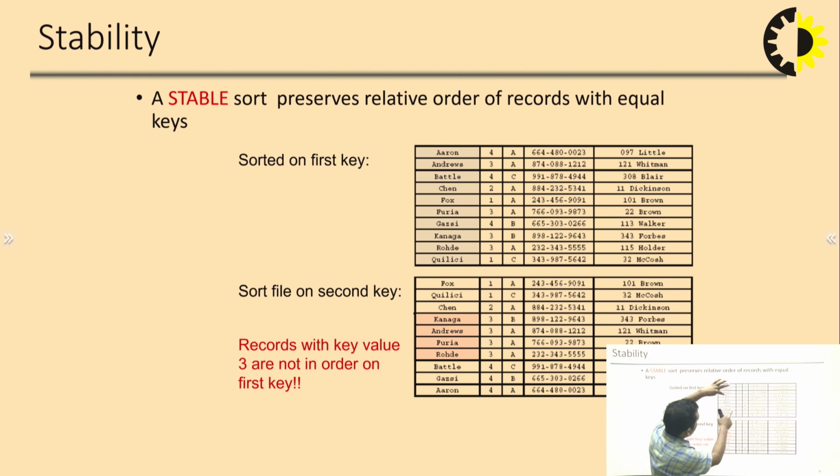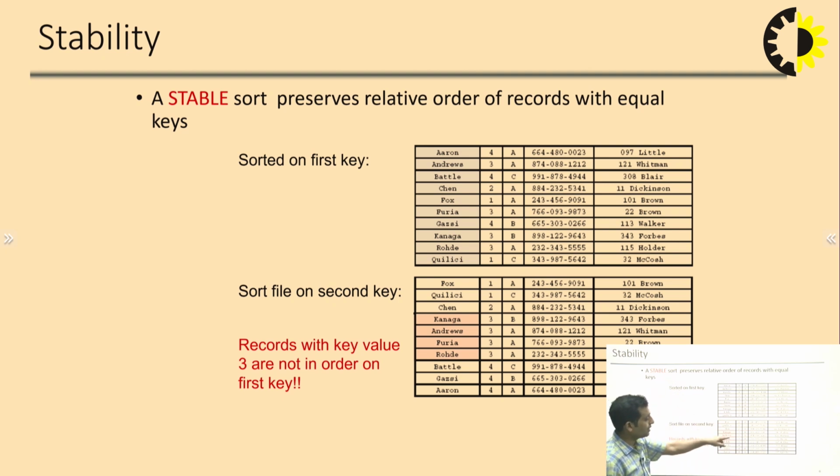But before this Kenaga, there is another Andrews. In the input this record is before this Kenaga, but here after sorting Kenaga comes before this Andrews. So this is not a stable sort. If the relative sequence is preserved in the sorted output, then that is the stable sort property.